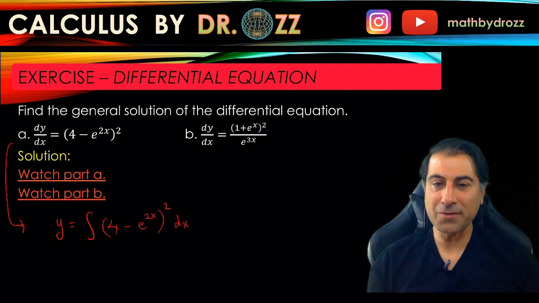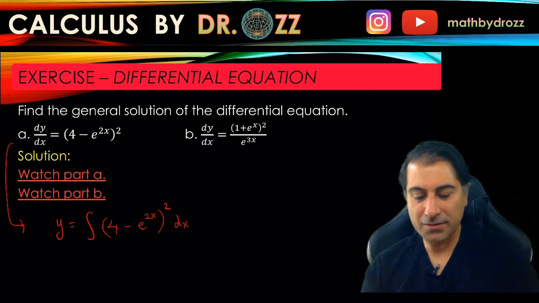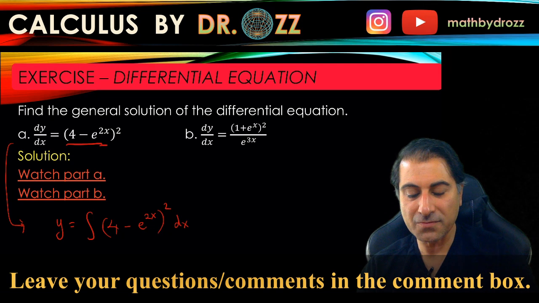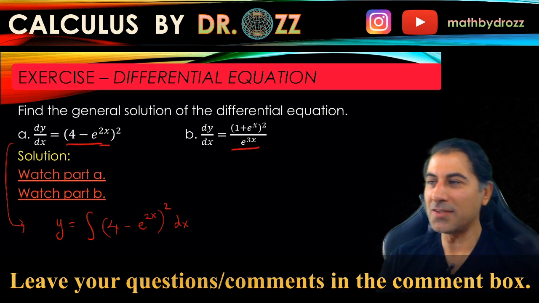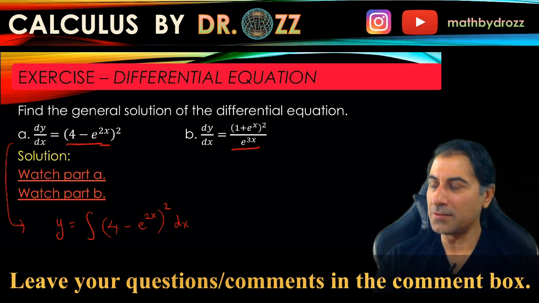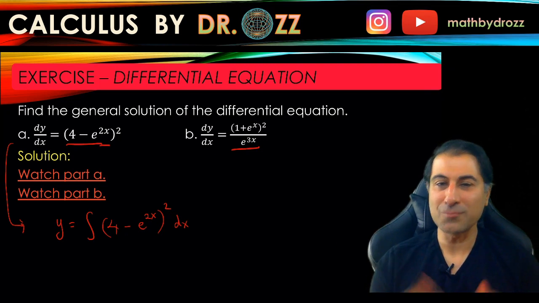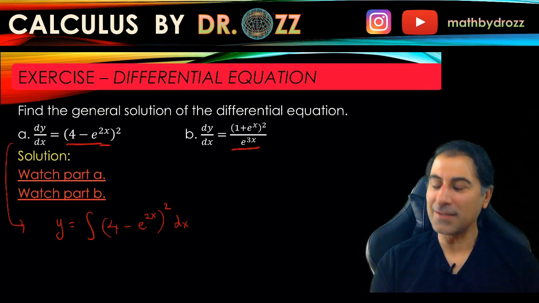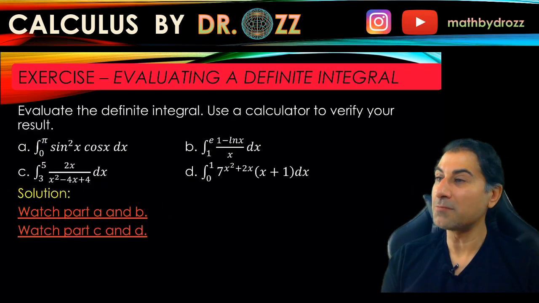So solving a differential equation in this context is just to find the integral of this function, and in part B, the integral of this function. But we're obviously going to practice those integration techniques. So in the first one, we're going to use the expansion. In the second one, we're going to use the expansion and separation of the numerator type techniques. So please go ahead and start solving those problems by yourselves.